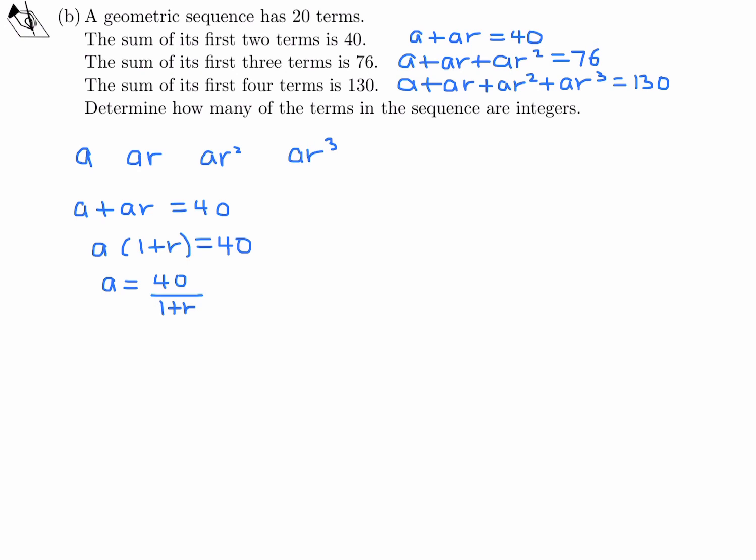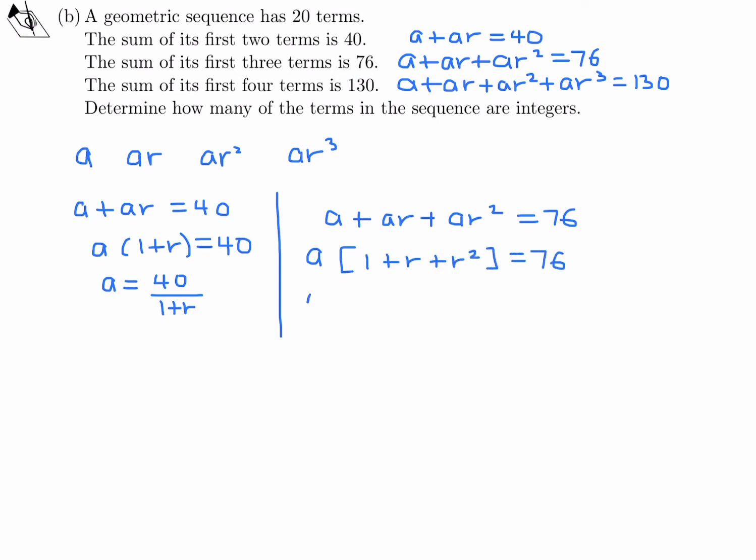Now the second equation, from that one, I get that a plus ar plus ar squared is equal to 76. Now if I factor out an a here, I will get a times (1 plus r plus r squared) is equal to 76. And a is 40 over 1 plus r.